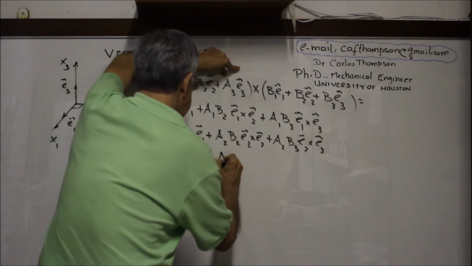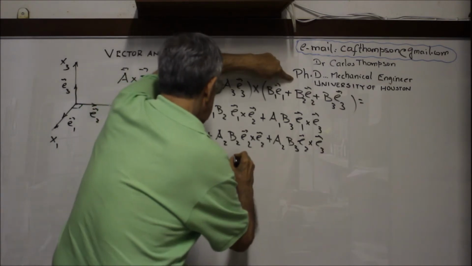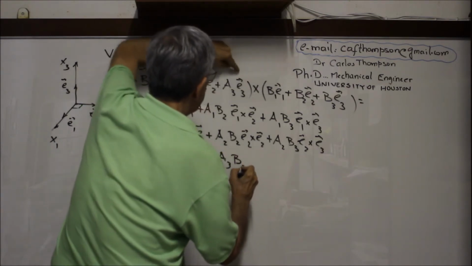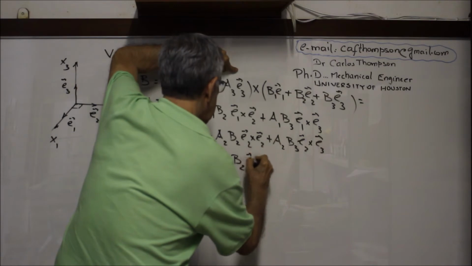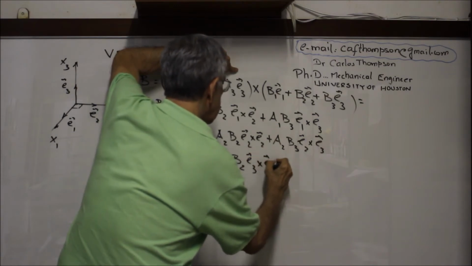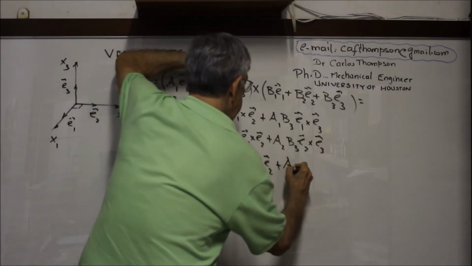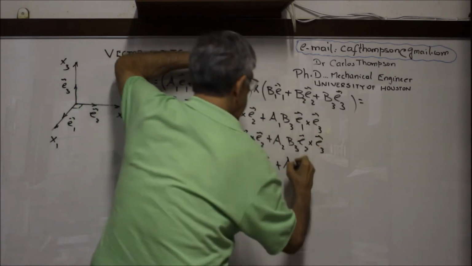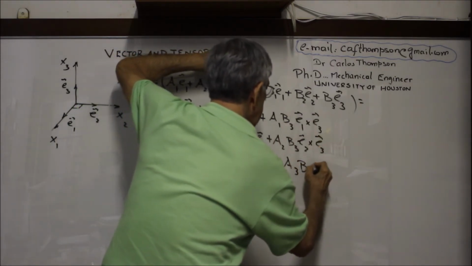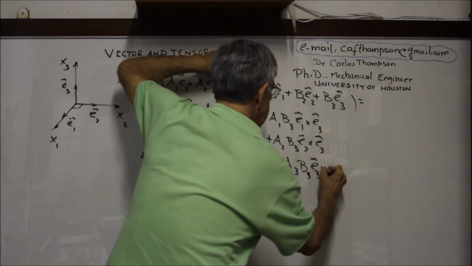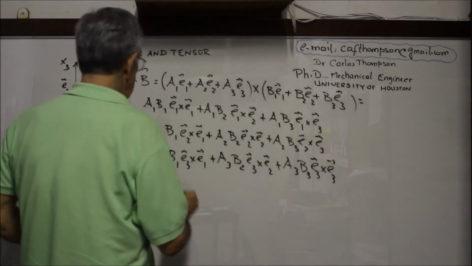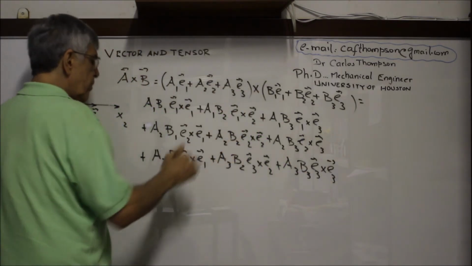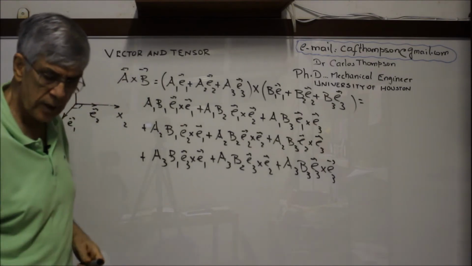Plus A3 B2, E3 cross E2. Plus A3 B3, E3 cross E3. See? As I said before, we have 9 terms.